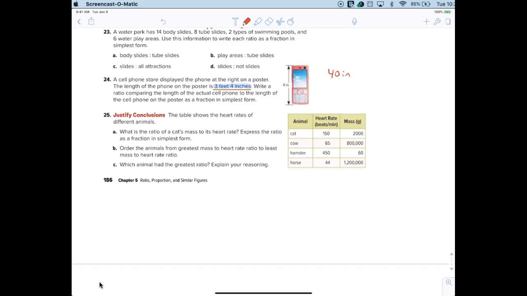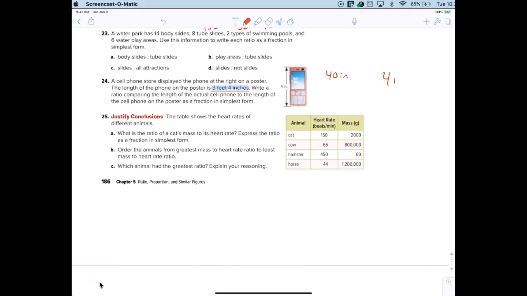Because 40 inches is your cell phone or the poster? So what are we supposed to put first? Yeah, so it'd be 4 inches first. 4 inches over 40 inches, which reduces down to what? 1 over 10.